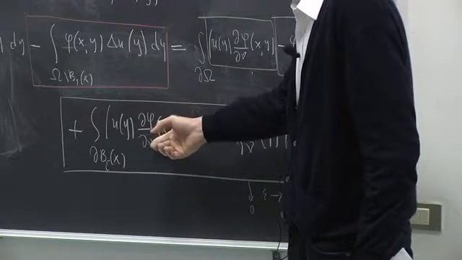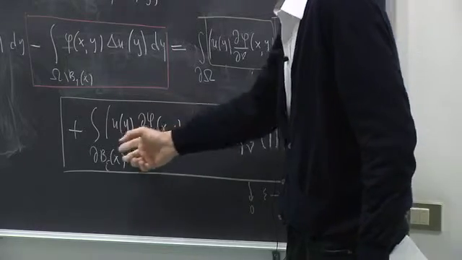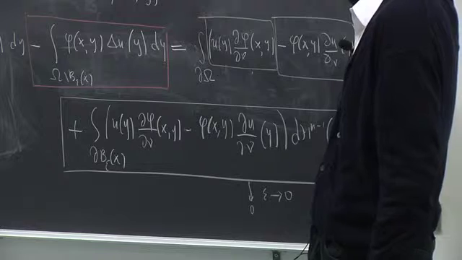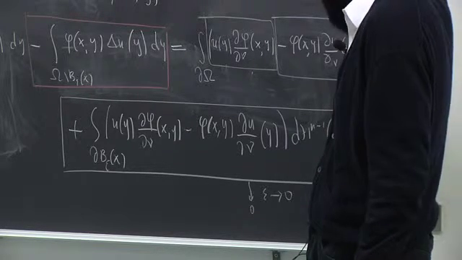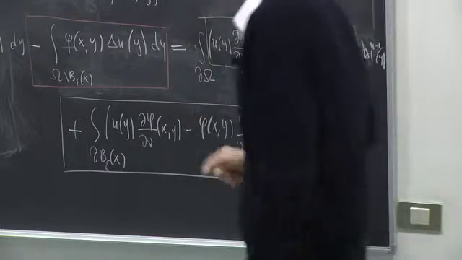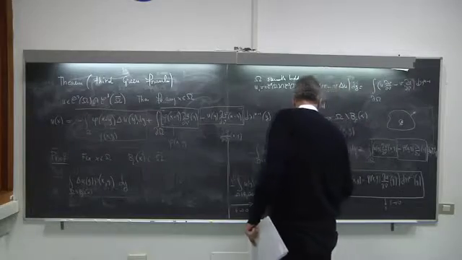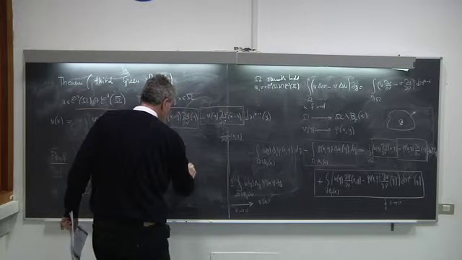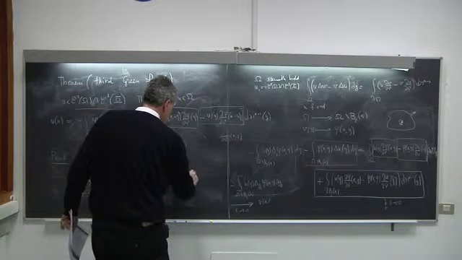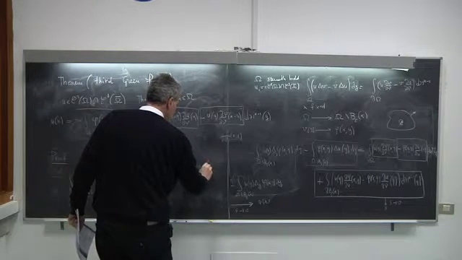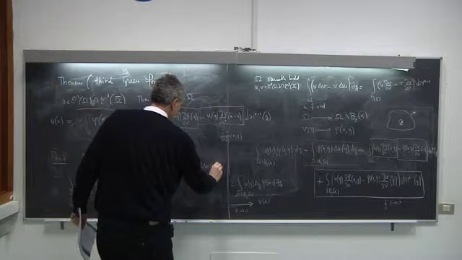One shows that this times this and this times this again goes to 0. Therefore, what remains is this plus this plus this, and this again also goes to 0.